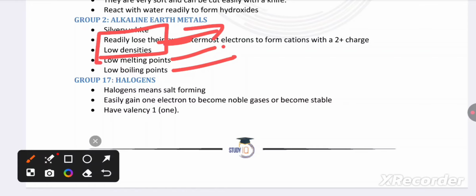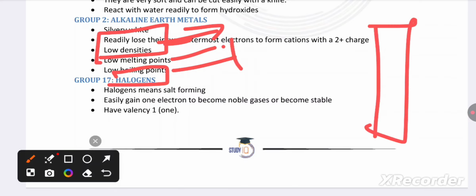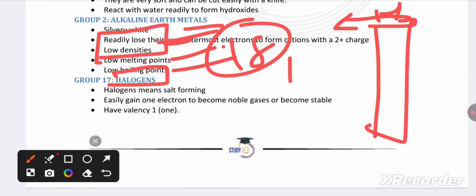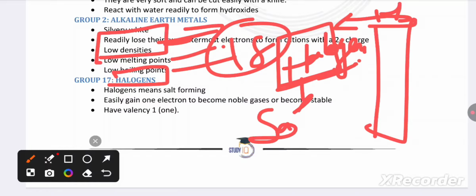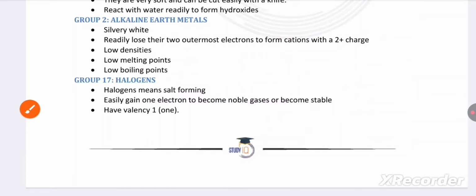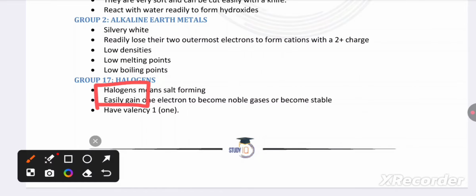Okay, halogens. In total we have 18 groups, and in the last group but one, that is group 17, that is called halogens. Halogens means salt forming. They easily gain 1 electron to become like a noble gas.